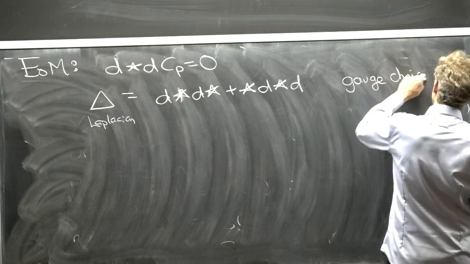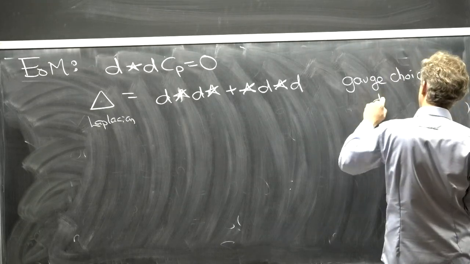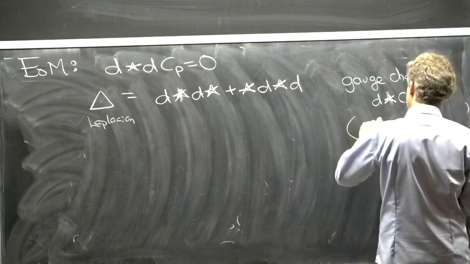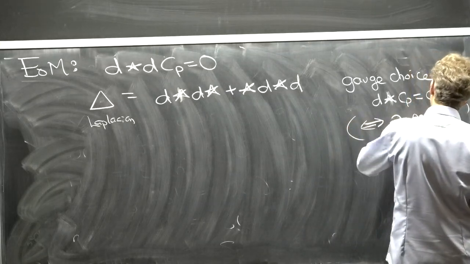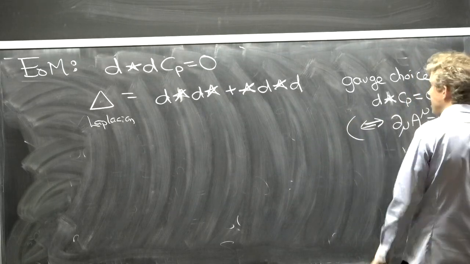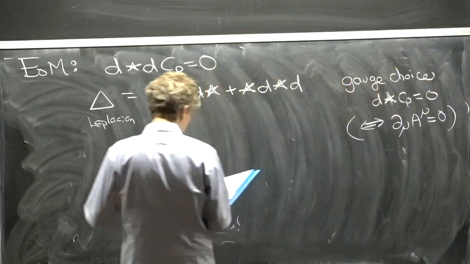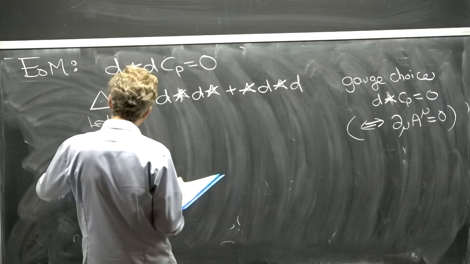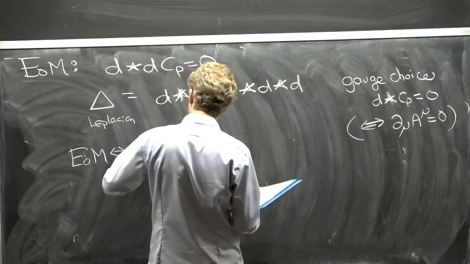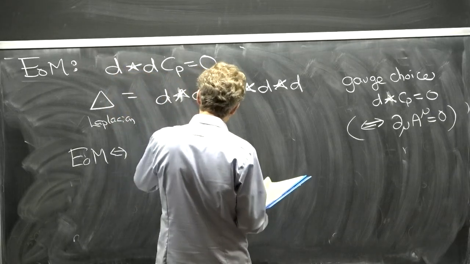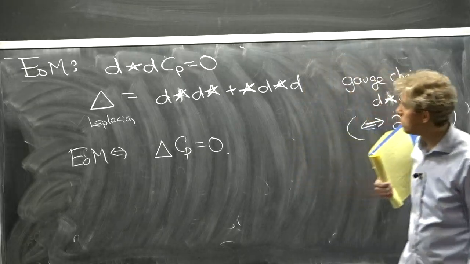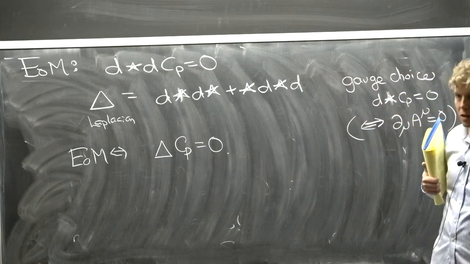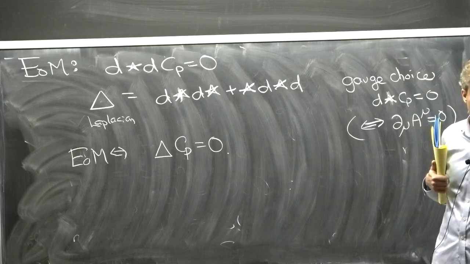The gauge choice that we find to be convenient is d star C_p equals 0. You should think of this as roughly analogous to Lorenz gauge in E&M. With this gauge choice, the equation of motion is equivalent to Laplacian of C_p equals 0. In other words, the equation of motion for a p-form is the Laplace equation for p-forms.